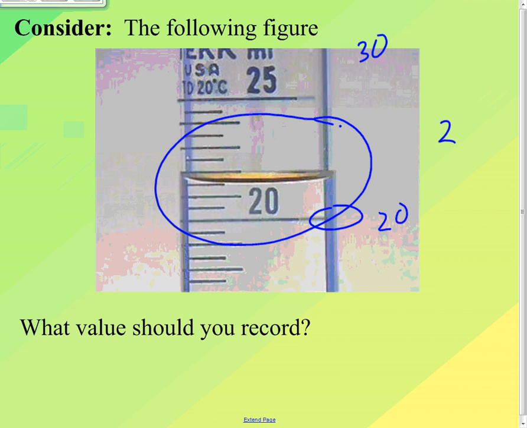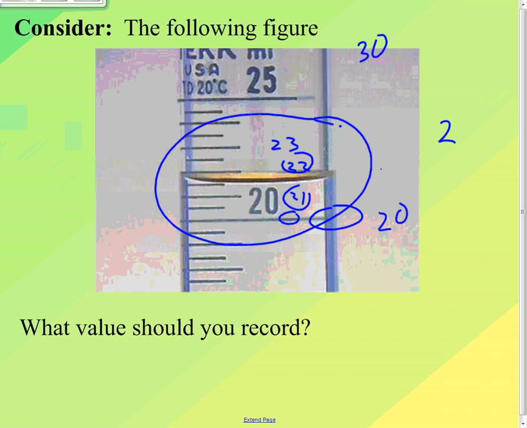What else am I certain of? Well, here's 20. What's that line? That's 21. What's that line? That's 22. What's that line? 23. Good. Are we certain that it is 21 and not 22? Well, let's go back for a second and make sure we understand how to read a fluid, right?